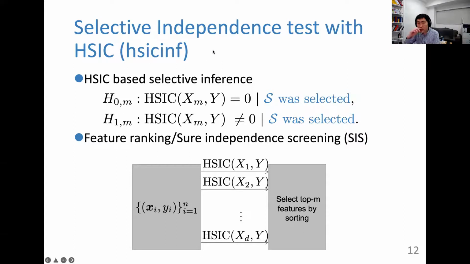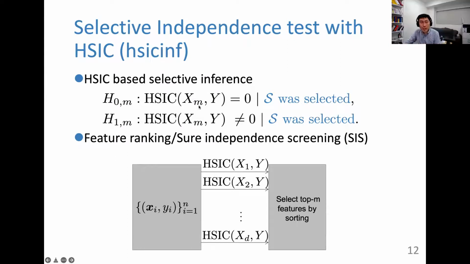Could you repeat the question? So we simply concatenate the features. What we're doing here is starting from lots of features and testing only one feature. Here X is just one feature, the XM. But maybe we could have an X that depends on multiple features, all the features we've selected.